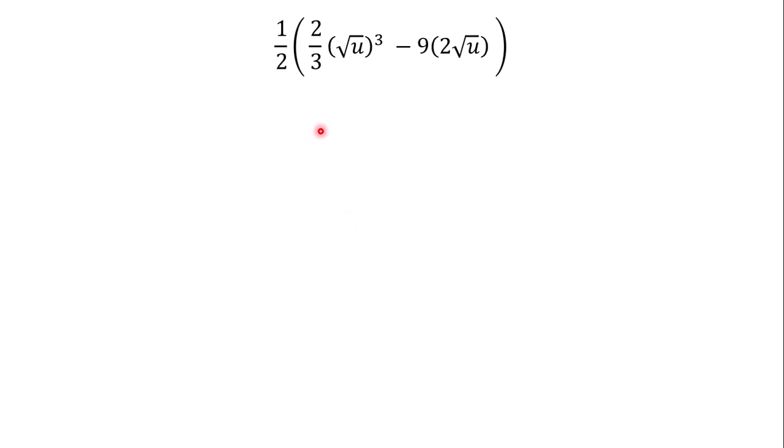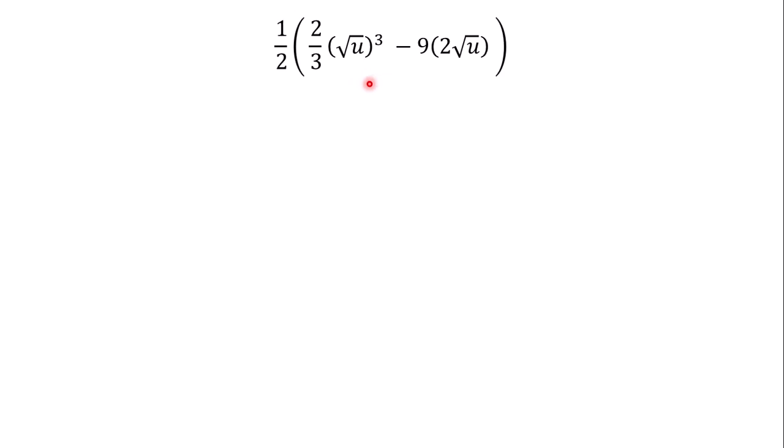Okay, good. 2 over 3 bracket open, square root of u bracket close, raised to the power 3 minus 9 into bracket 2u bracket closed. Good. u raised to the power 3 over 2 can be written as square root of u raised to the power 3, because 3 over 2 can be written as half times 3.